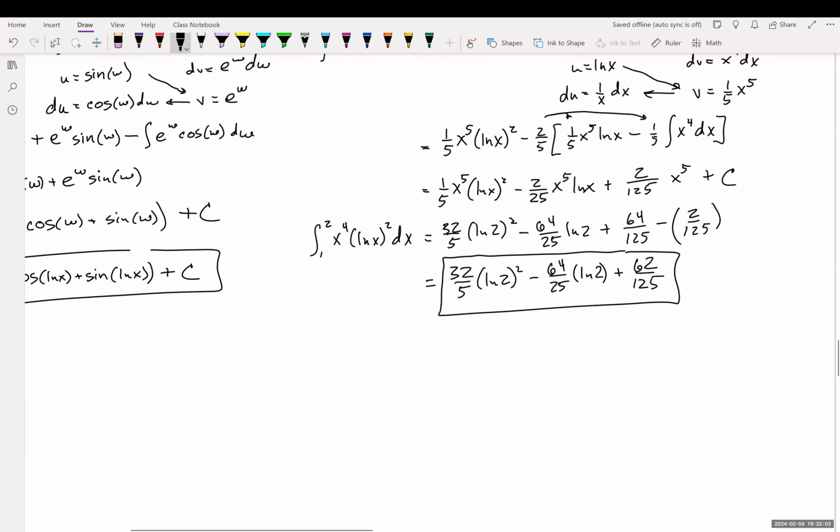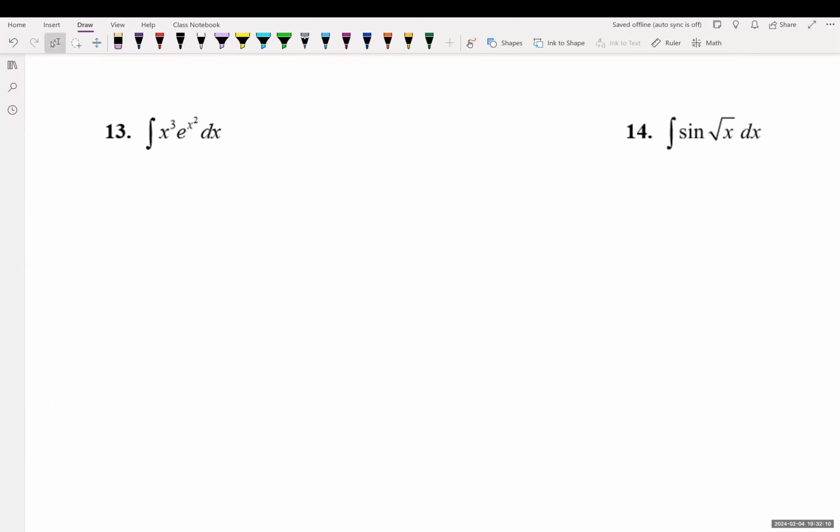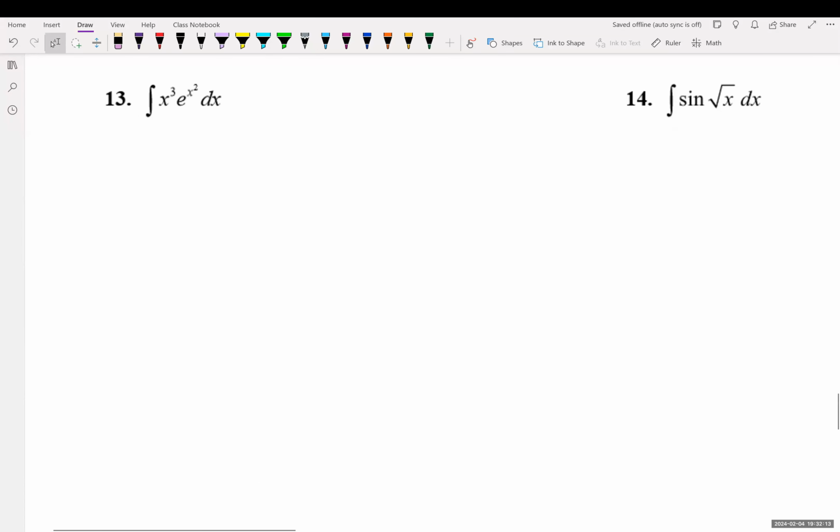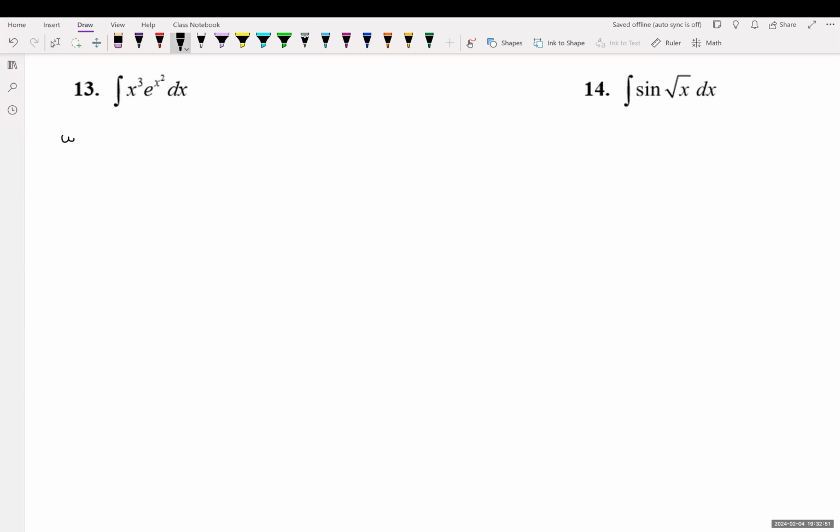Moving on to number 13. Again, notice we have an inner function here, so it's really tempting to start off with a substitution. So let's see what happens. If we let w equal x squared, then dw is equal to 2x dx, and a half dw is an x dx. So if we were to rewrite this integral as x squared e to the x squared x dx, all I did was take that x to the third and break it up into x squared times x.